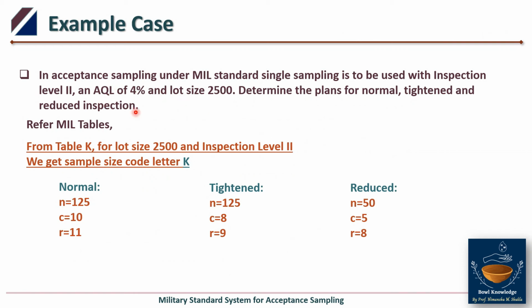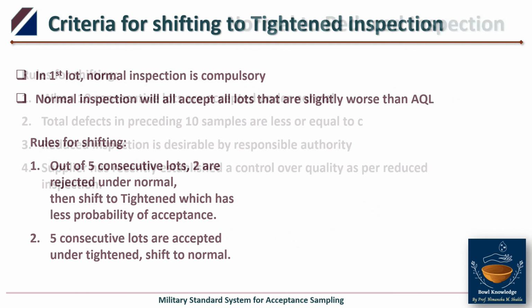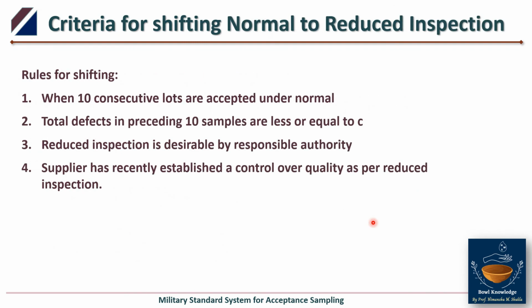For all my requirements, reduced inspection is giving me the results by inspecting only 50 articles, as compared to normal and tightened, which was 125, which is more than double, almost 2.5 times that of reduced inspection. So it is always better to go with reduced inspection if your condition permits.